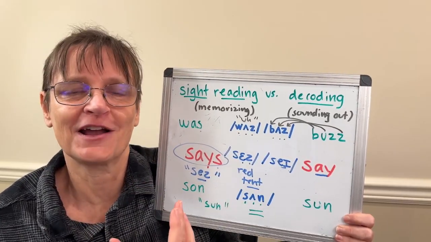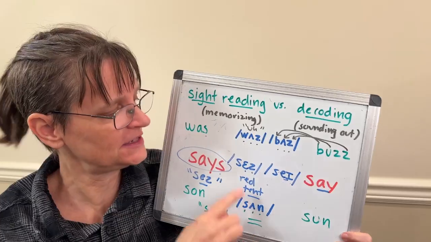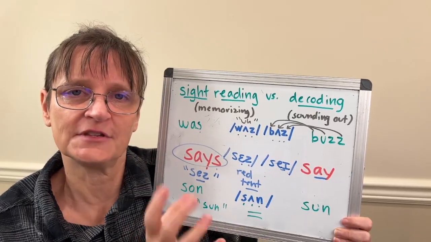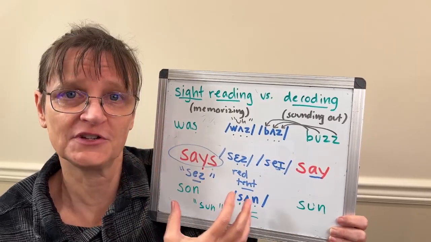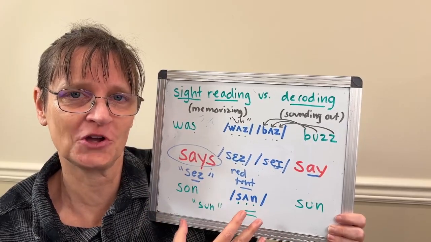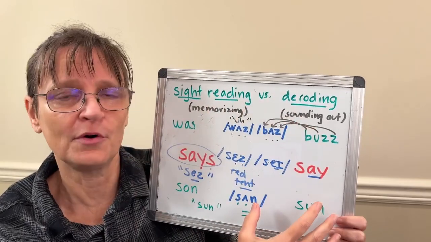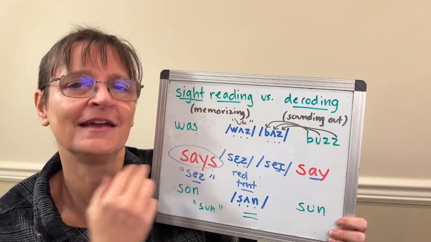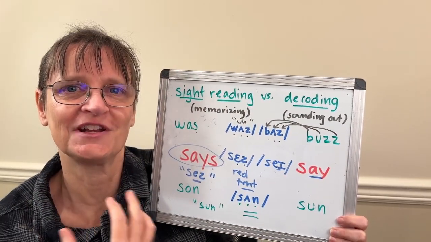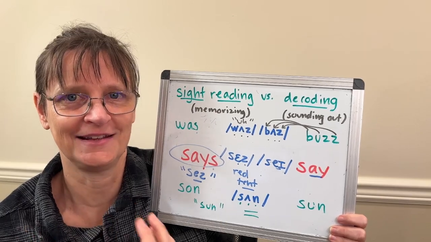I also highly recommend our Sounds of English course because it teaches you all of the sounds of English, the symbols, how they're typically spelled, and then exceptions in common words, so that you can start to build a strong foundation for both decoding and sight reading and understanding correct pronunciation and correct reading skills in English.